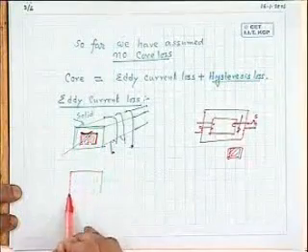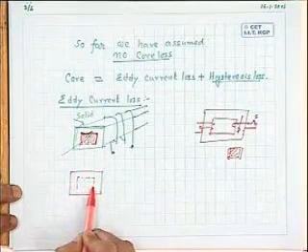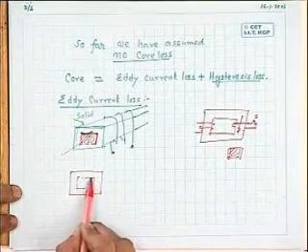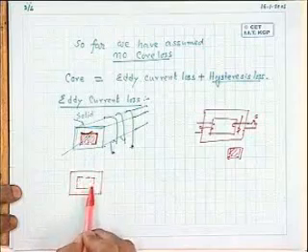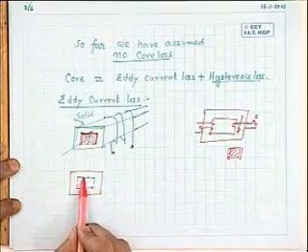So, if you consider this is the core of the material, once again I am telling, you consider any arbitrary closed path which is made of conducting material, that is iron.